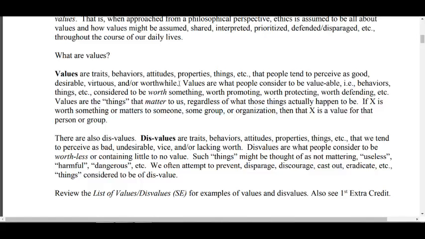And there's also this notion of disvalues. Those are the same thing except the negation of them. They're the traits, the behaviors, the properties, the things that we typically perceive as bad or undesirable. They're vice-like. They lack worth.